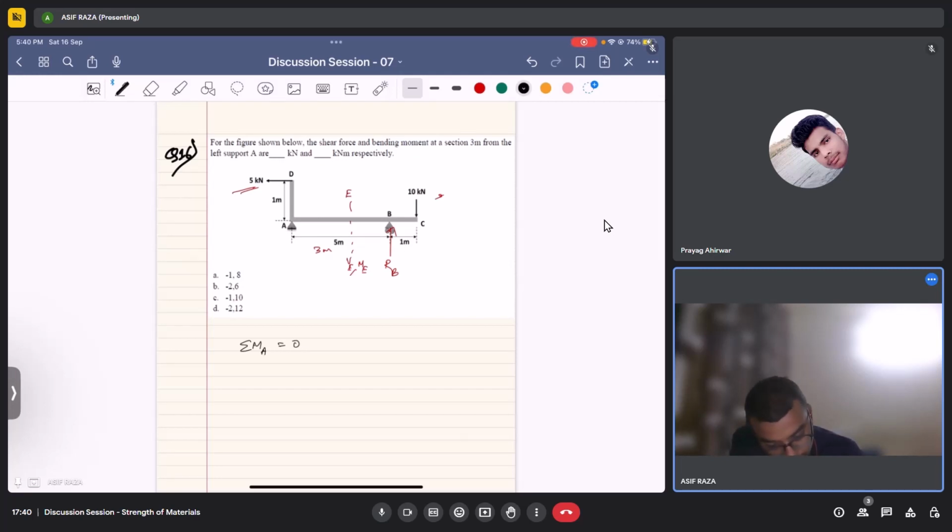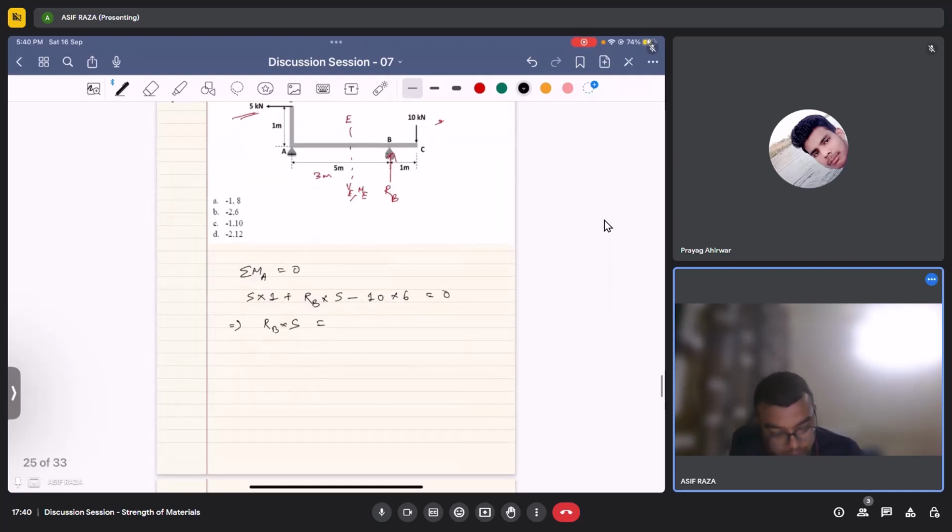This would give me 5 into 1 plus RB into 5 minus 10 into 6 equal to 0, and this would be equal to RB into 5. 10 is 60 minus 5, that would be 55, and this would give me RB as 11 kilonewton.